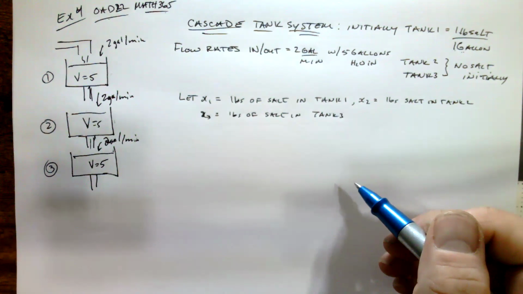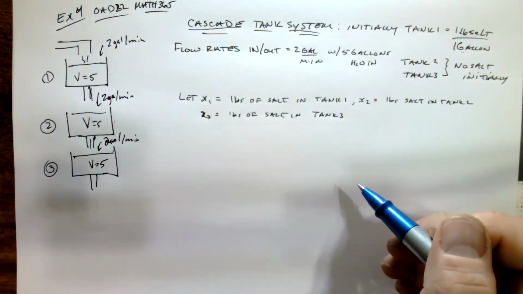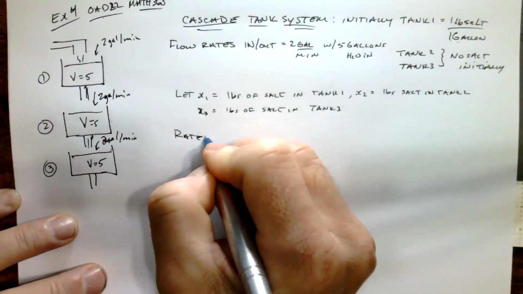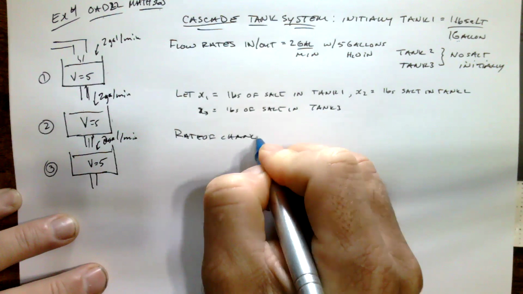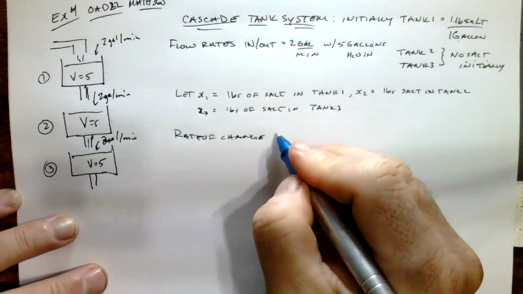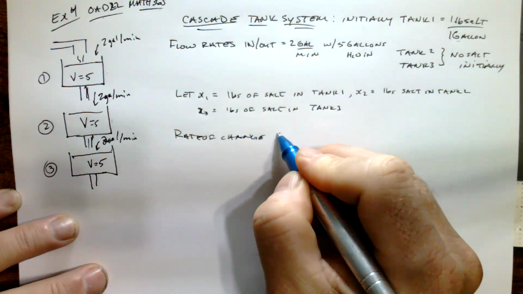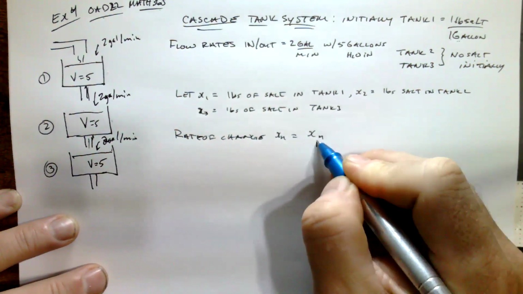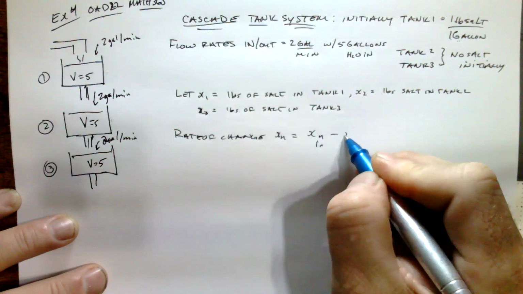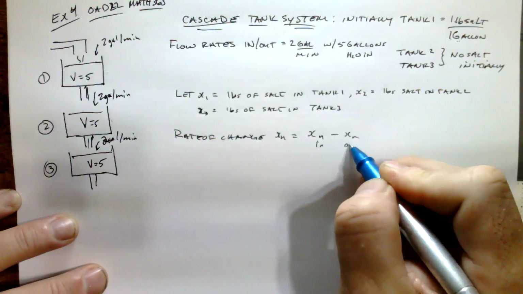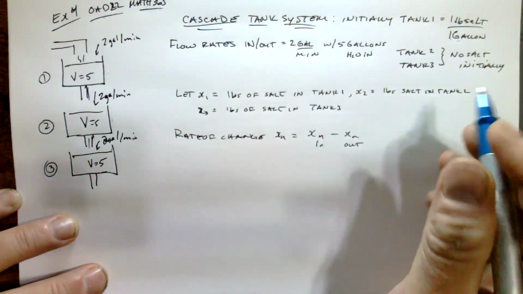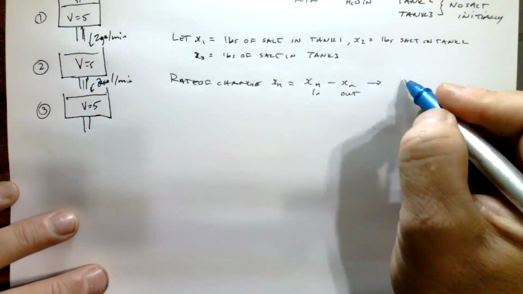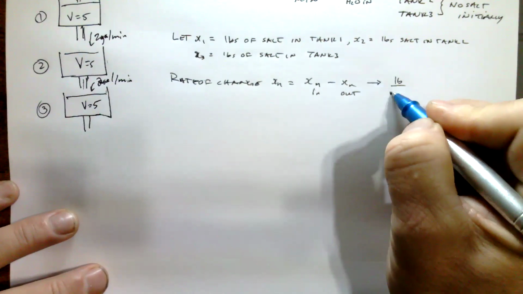And so we're trying to measure the rate of change of salt. The rate of change of salt in any of these tanks, 1, 2, or 3, will equal the rate of salt coming in minus the rate of salt going out. One way to think about this is that we're looking at the accumulation of salt in pounds per minute.